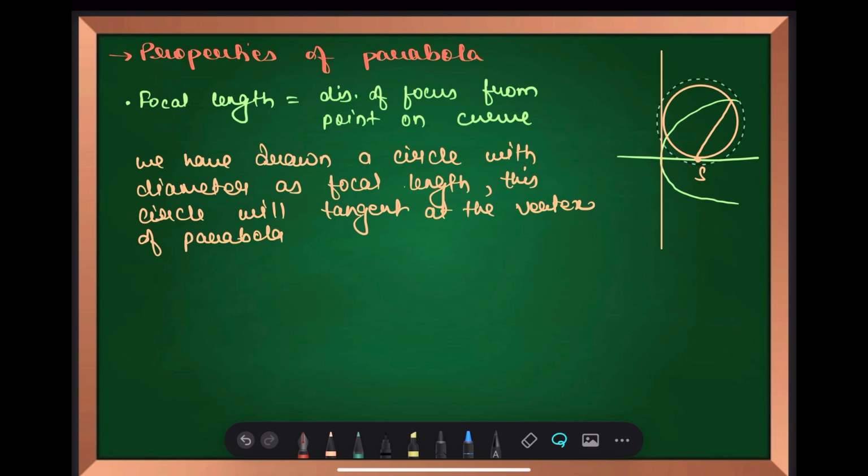Suppose this is the diameter. So you will have a tangent, and the tangent at the vertex will touch the circle.